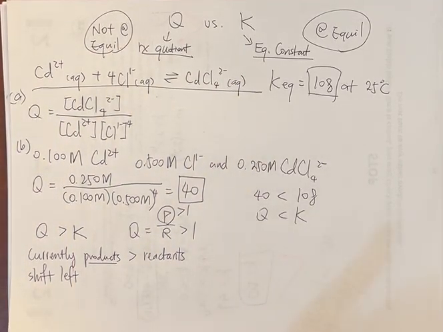When you have more products, the right side is going to be heavier. Think about it like a teeter-totter. When the right side is heavier, the teeter-totter goes this way, and when you use Le Chatelier's principle, you have to balance this equilibrium out. To balance it out, you have to shift the whole thing to the left, okay?